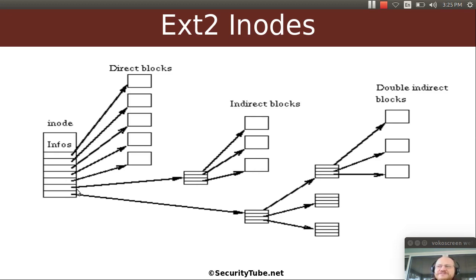And there's a facility for a pointer to a list of blocks that contains lists of blocks, and those point to actual data blocks. So you have the indirect and the doubly indirect. This allows you to very simply store large and small files.